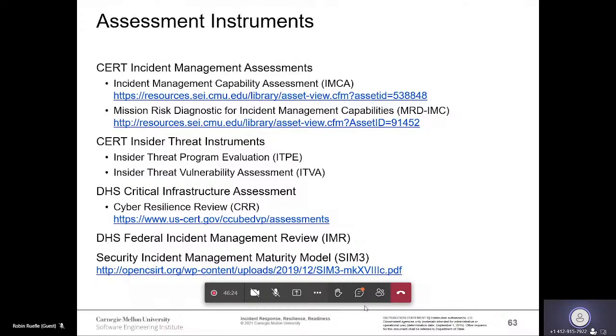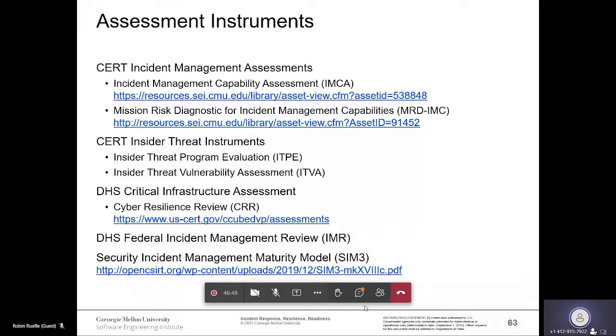The incident management capability assessment looks at 71 different capability areas and looks at the programming aspects as far as what the preparations are, looks at detection, looks at response and analysis, and also sustainment. So do you have defenses in place for your own CSERT equipment? Do you have professional development?